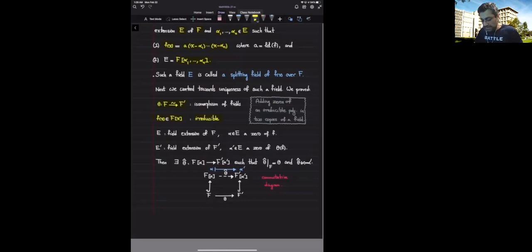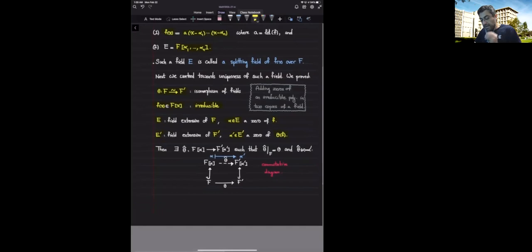So again, E is a field extension of F that contains a zero alpha of this irreducible polynomial f, and E prime is a field extension of F prime, which contains a zero, let's call it alpha prime, of theta of f, the copy of f with coefficients inside F prime. Then, in that case, we can find some isomorphism between F bracket alpha and F prime bracket alpha prime.